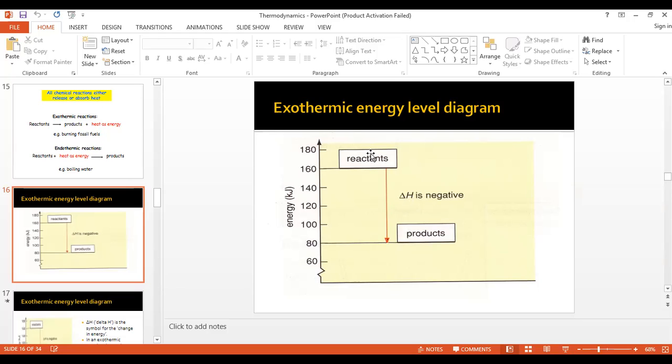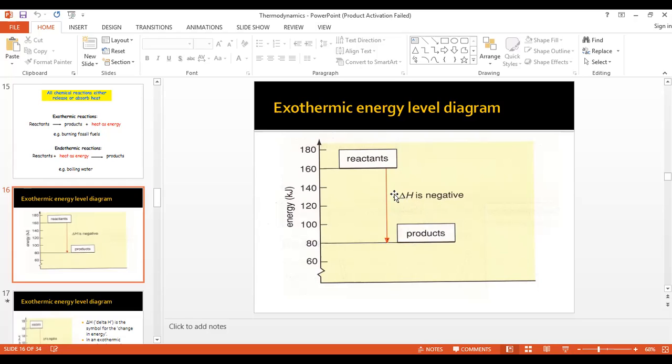We denote it by delta H. Delta for change, H for heat, or you can say energy of reaction. If the energy of reaction is negative, then we call this reaction exothermic. Did you understand that?